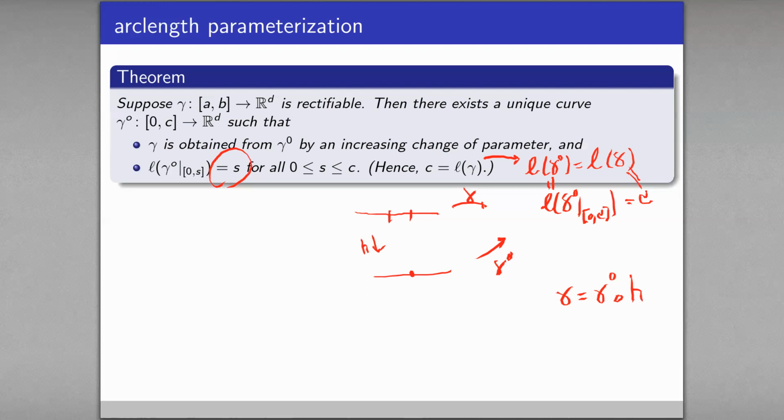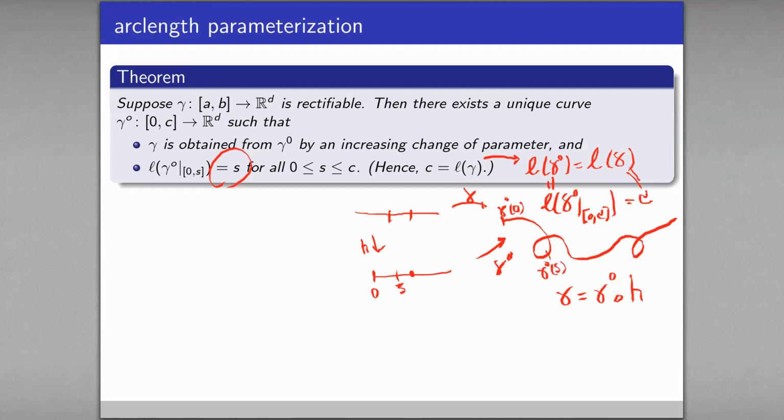So gamma 0, here is the thing. Here is the same image they share. Gamma itself may have intervals of constancy, but gamma 0 will not. So from 0 to s, gamma 0 will travel from here, gamma 0 of 0, and this will be gamma 0 of s.